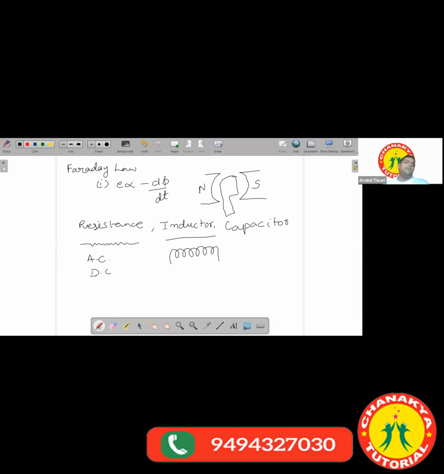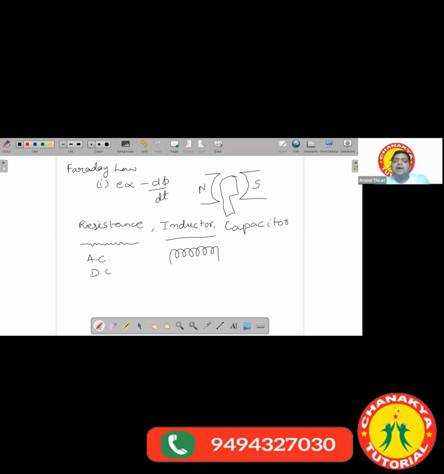So it will magnetize this, then demagnetize, then magnetize again, and demagnetize again. This cycle of magnetization and demagnetization will be carried on for a cycle of 50 hertz. That means every second there will be 100 times magnetization and demagnetization of the solenoid. So the behavior of AC towards an inductor is different as compared with the resistance.